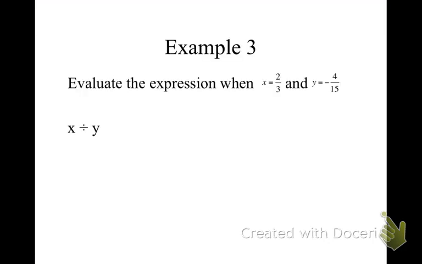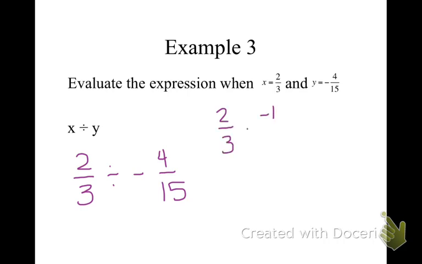Let's evaluate when x is equal to 2/3 and y is equal to -4/15. So use substitution first. So for x, you would write 2/3. For y, you would write -4/15. To rewrite the problem would be 2/3 times -15/4.